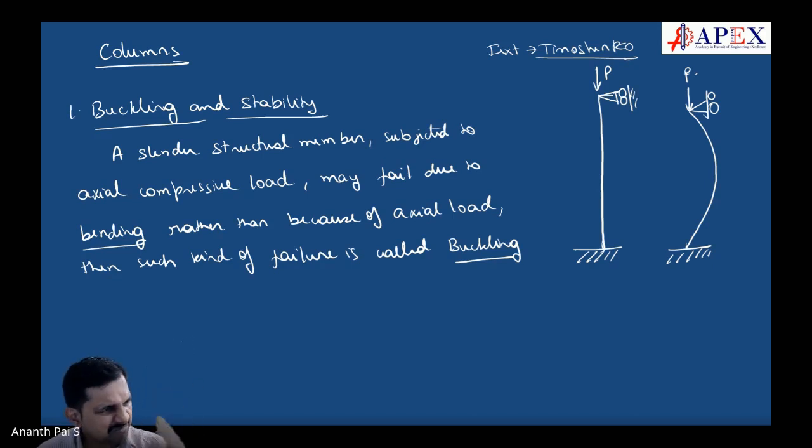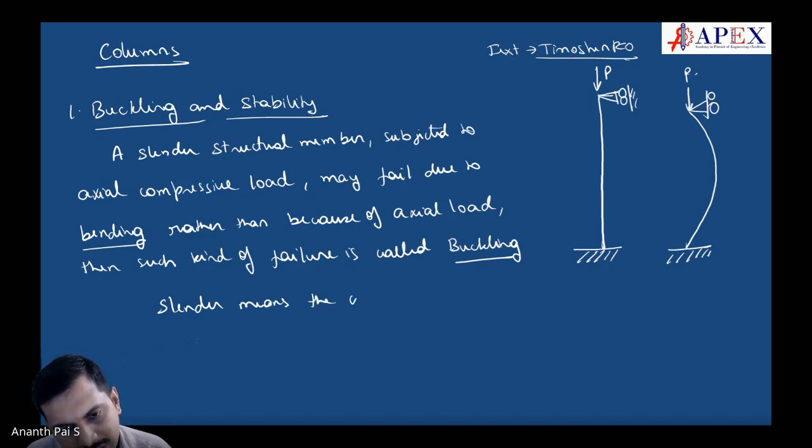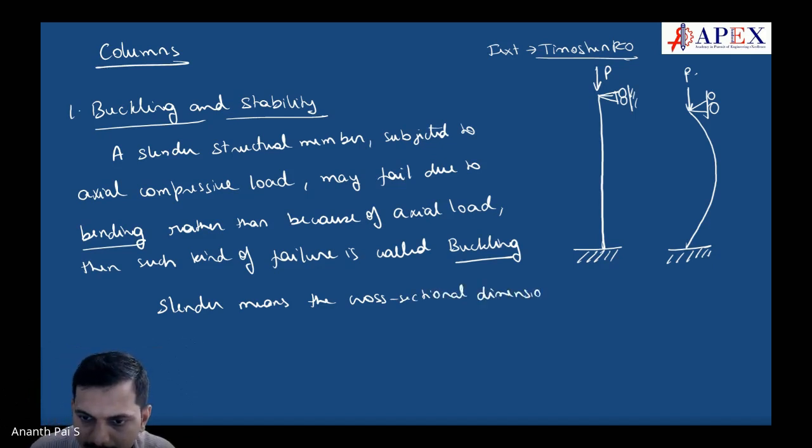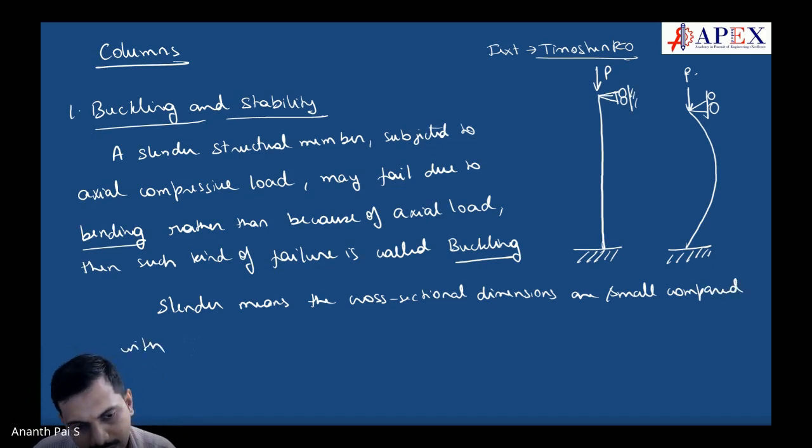Slender is thin. Slender is very thin. Exactly. Compared to height is very high. Okay. Slender means the cross sectional dimensions are small compared with longitudinal dimensions.